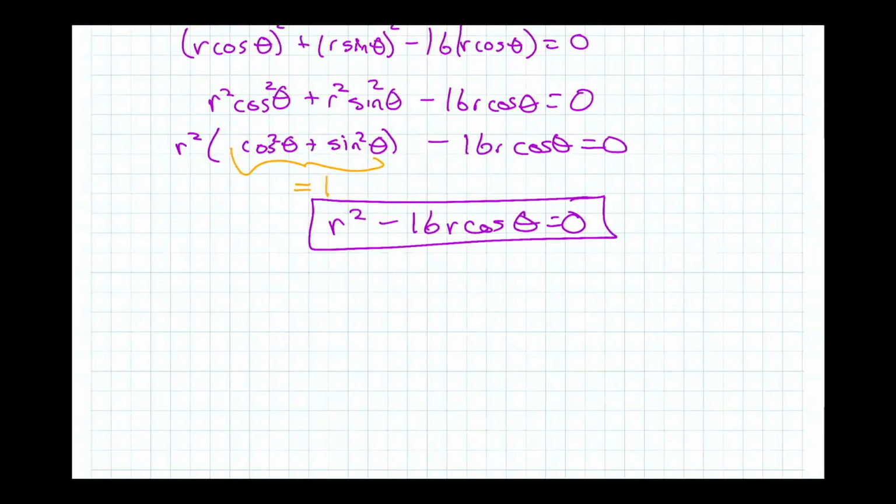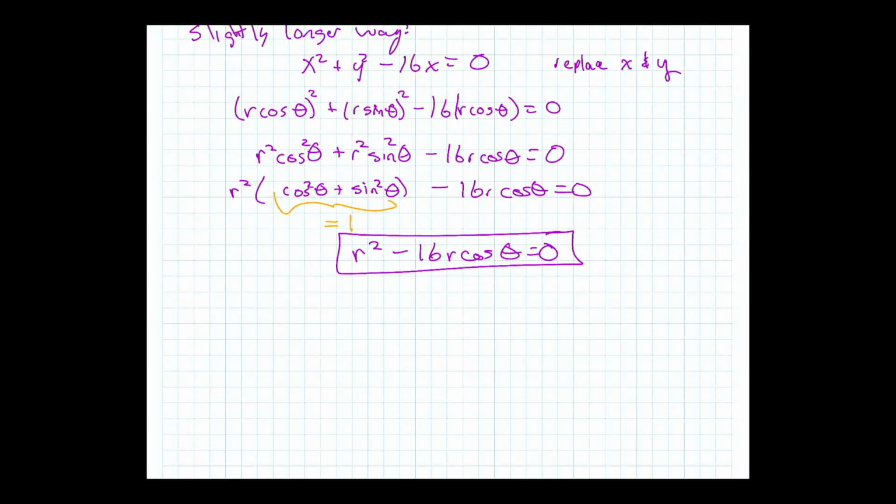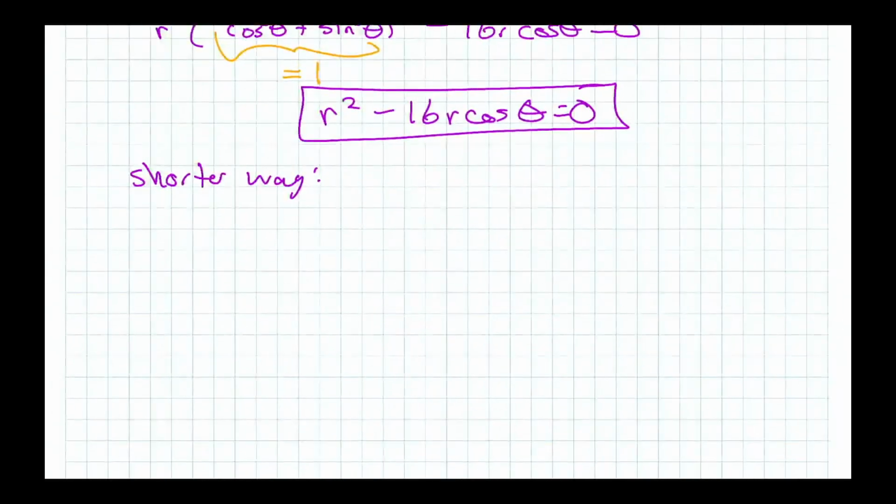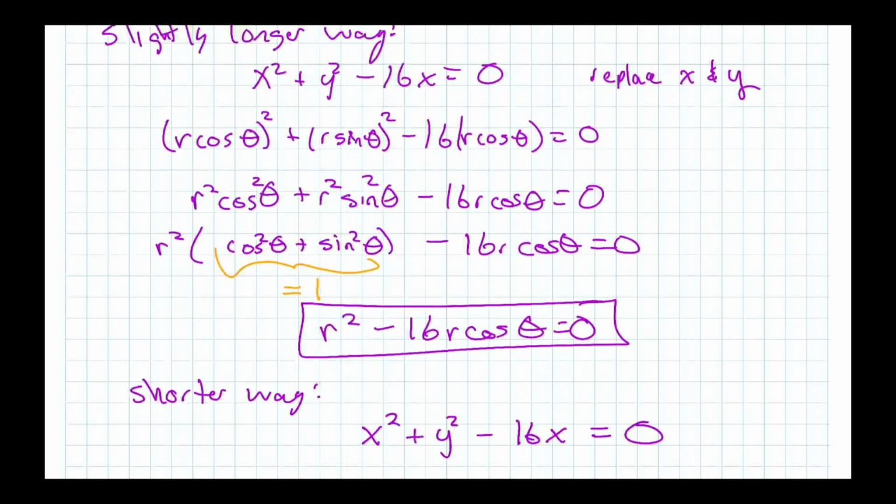Okay. Now, if you're going to do it the shorter way, you can write x squared plus y squared minus 16x equals 0, like that.